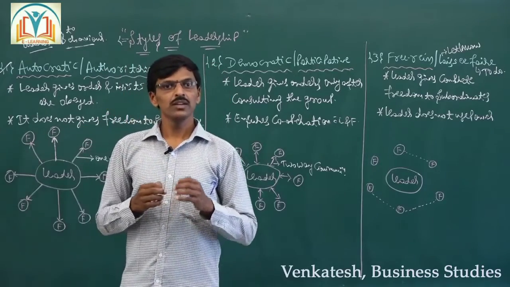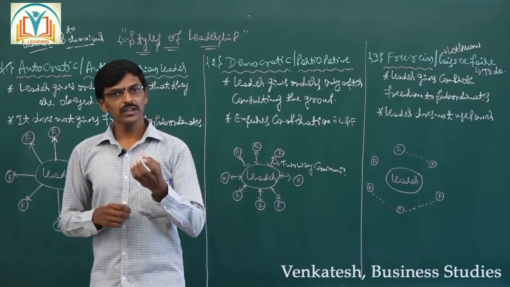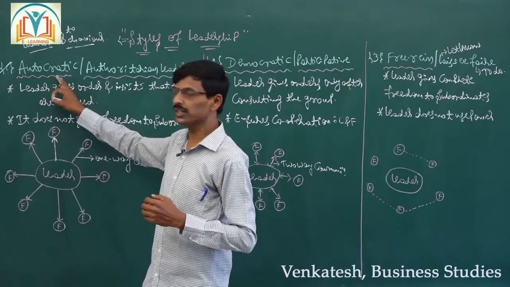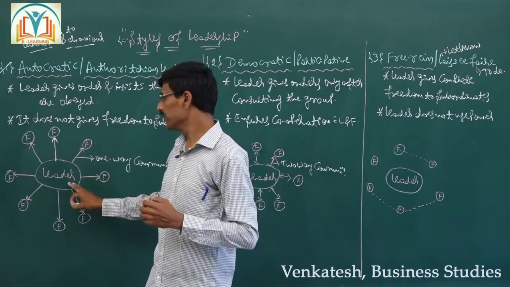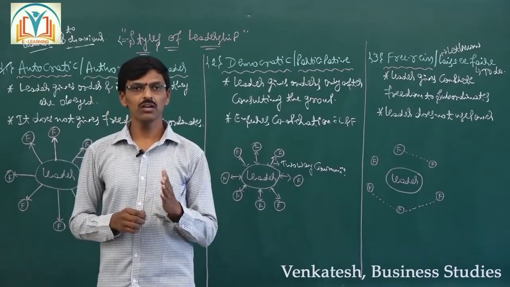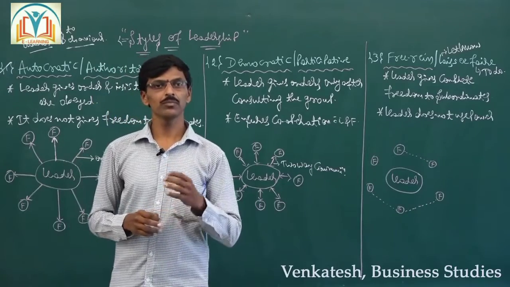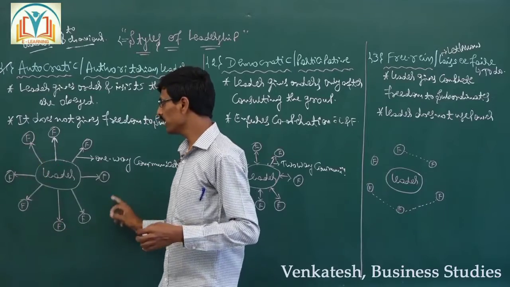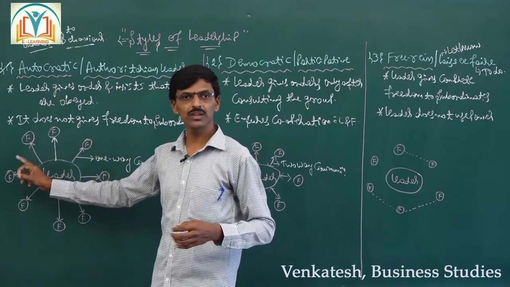Hence, we can take quick decisions. In the autocratic leadership style, the leader can take an immediate or quick decision, because the leader is not going to take the opinion of the group members.